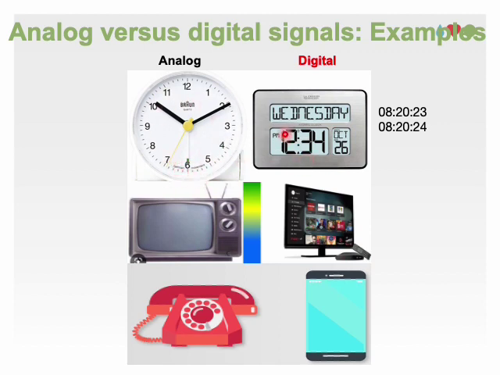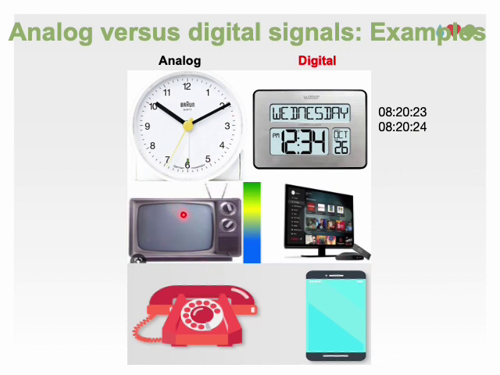But digital clocks just give time in hours and minutes, or sometimes in hours, minutes, and seconds. But they do not provide infinite values of time. For example, between these two times, there is no other time between the 23rd and 24th seconds.